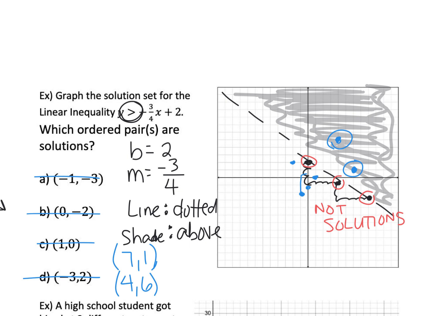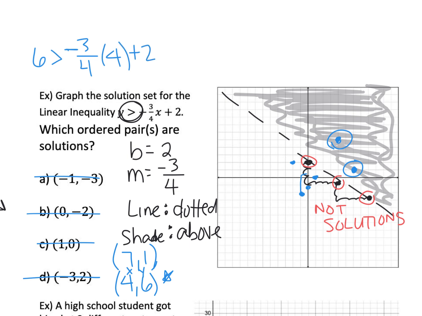And do we want to use 7, 1 or 4, 6? Pick one. 4, 6. All right, 4, 6. So remember, this is x and this is y. So we're going to plug those into our original inequality. So in your calculator, we're going to type 6. And then to get our greater symbol, we're going to use control equals. Control equals. And then we're going to do -3 over 4 times my x, which was 4, plus 2.